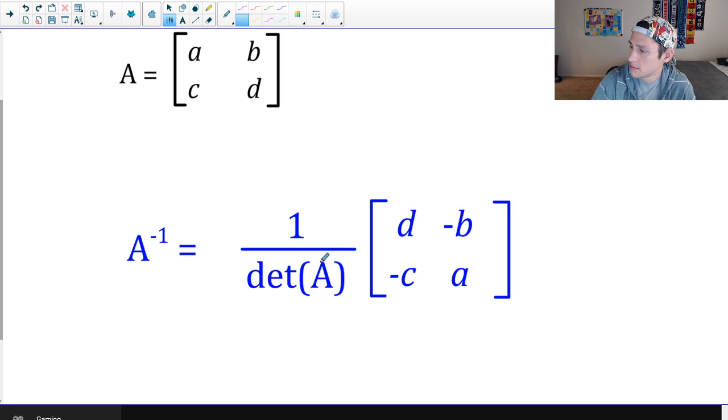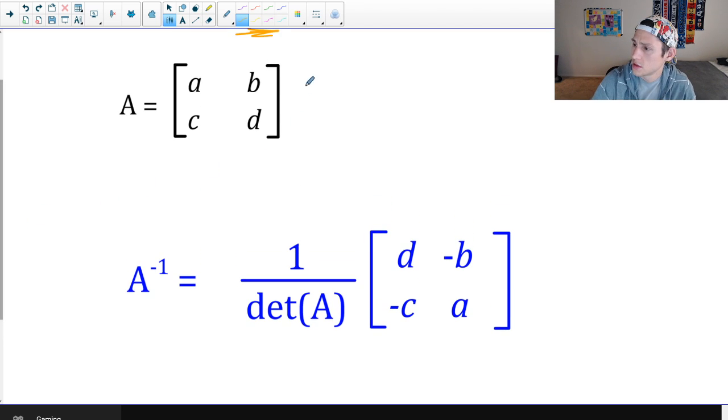And we use scalar multiplication of whatever this is times this matrix. So note what happened. A and D just switch spots. B and C stay where they are, except we add a negative sign in front of them.